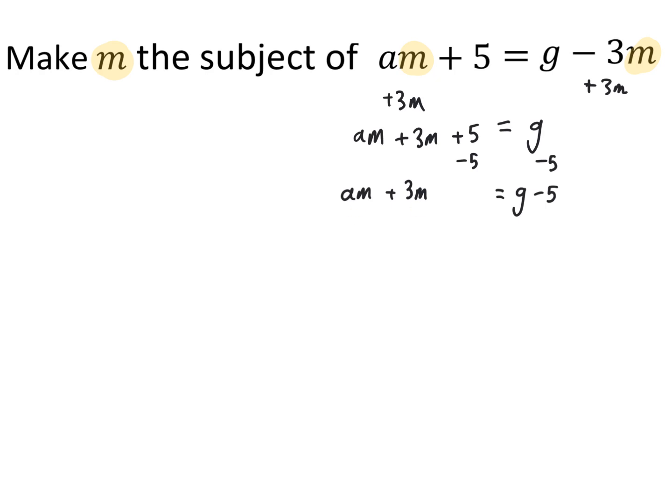Both of these terms have got an m in common. So I can factorise. I can take out a common factor of m. I'm going to have m multiplied by a for the first term and m multiplied by 3 for the second term. So I've not done any rearranging. All I've done is factorise the left-hand side.